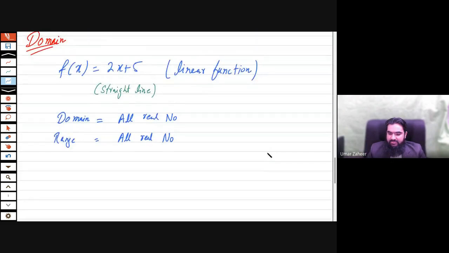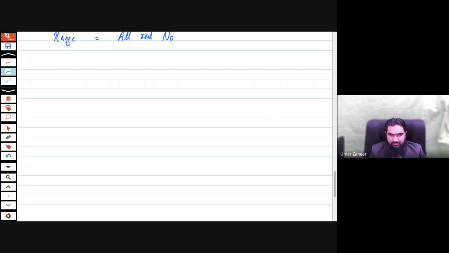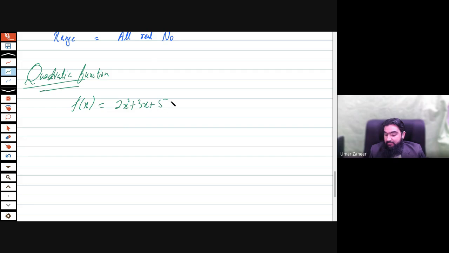The next one is we have a quadratic function. When we are doing the quadratics, I told you about the general shape of the quadratic, that for example, if you have f of x is equal to 2x squared plus 3x plus 5, the shape of the graph is going to look like this, a U shape, a parabola.